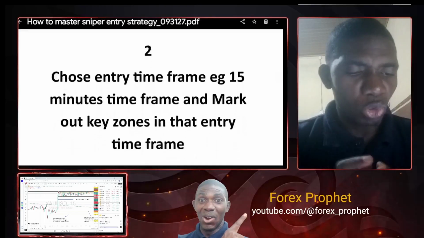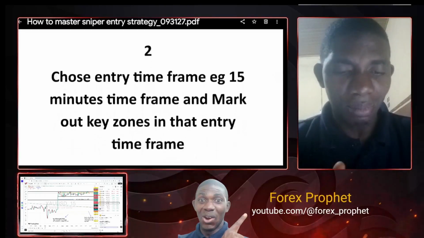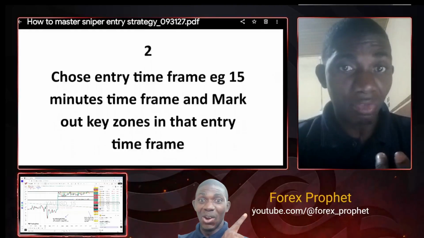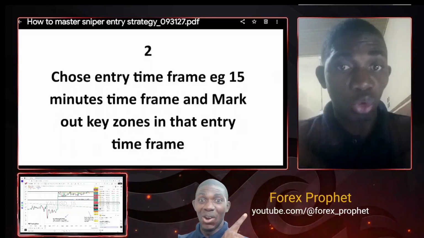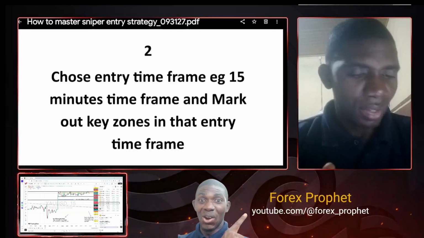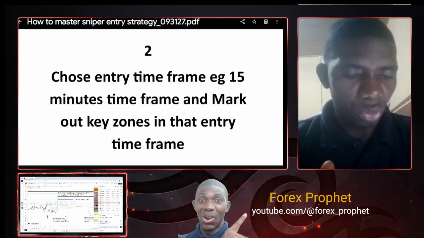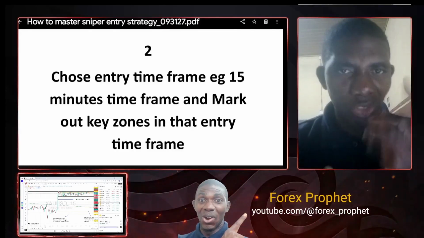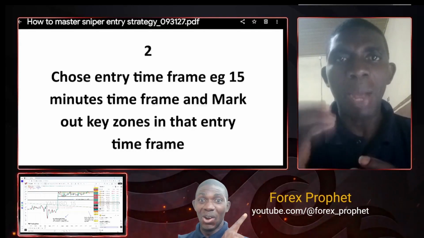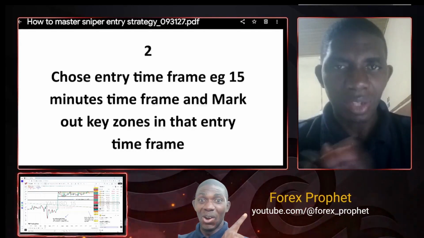We are going to choose an entry time frame. Example, 15-minute time frame can be your entry time frame after you have done your top-down analysis. You get? And then you are also going to mark out key zones in that entry time frame. So choose an entry time frame and mark out the key zones on that entry time frame.